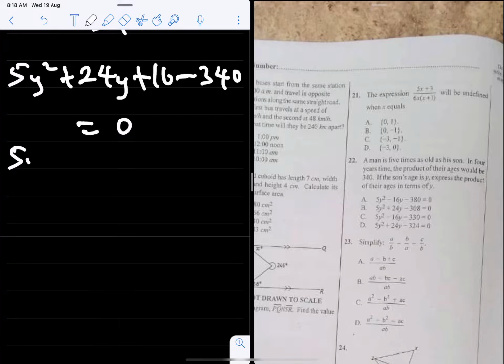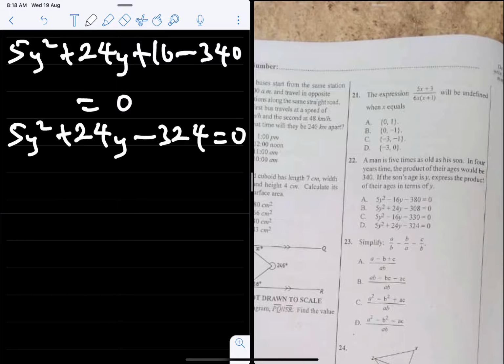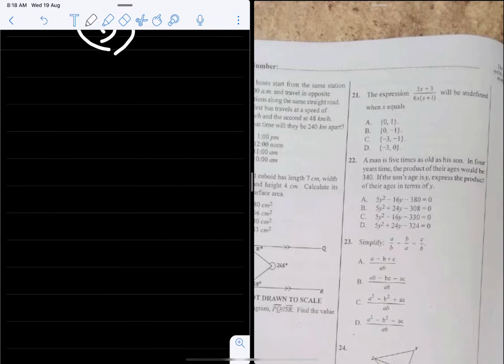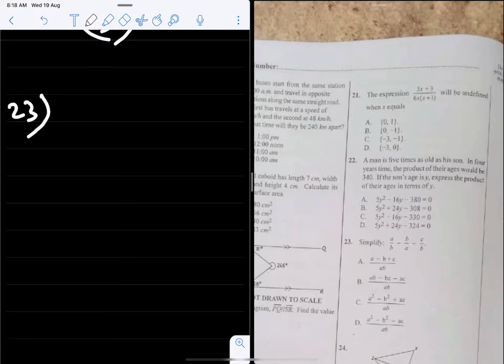And that means 5y squared plus 24y minus 324 equals 0. And the correct option is D. Alright, quickly to the next, 23.